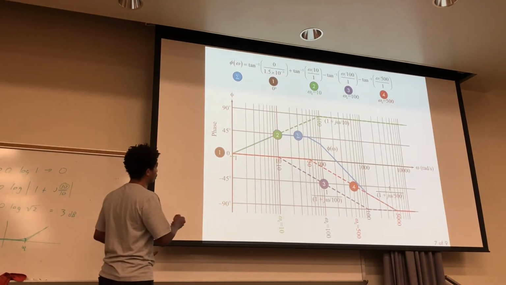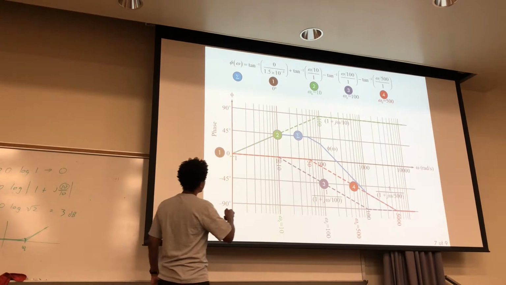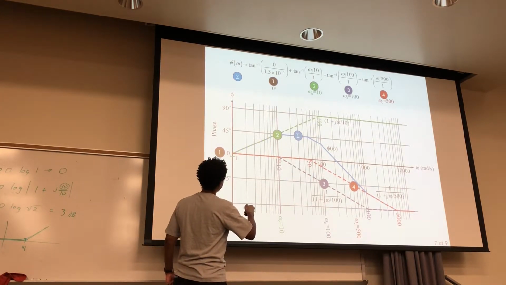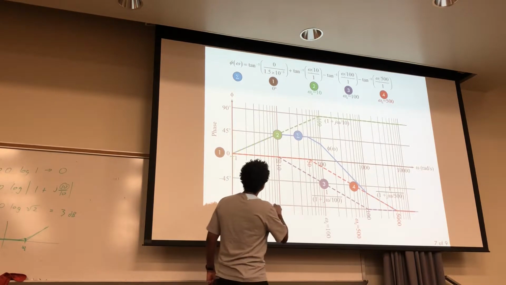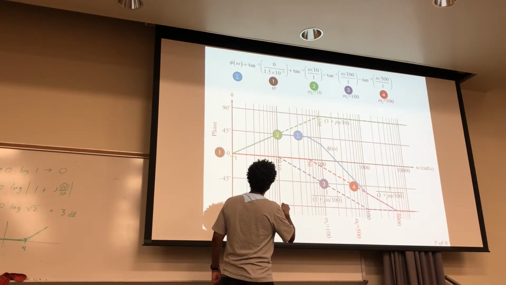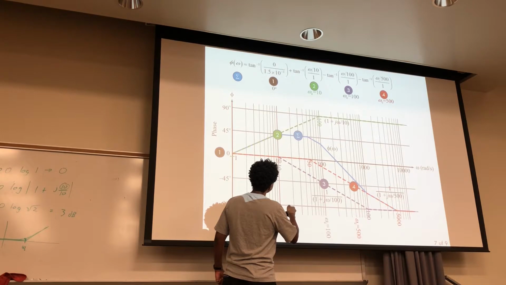So you have the 0, you have the 2, which is this slope right here, which is 20 decibels per decade. At this part right here, you have to add this green one and this purple one together. So that they cancel out right there. At this part right here, you're adding in the red.